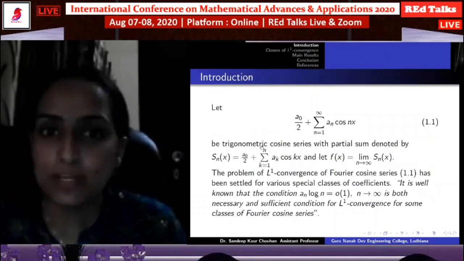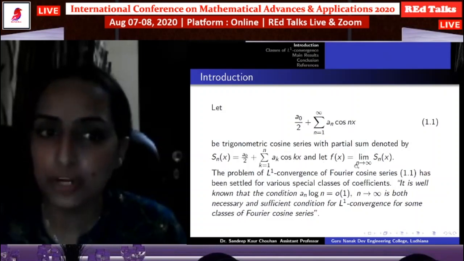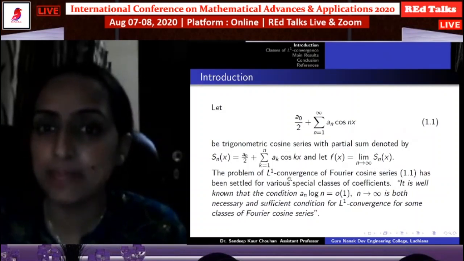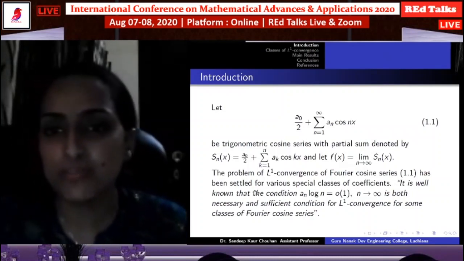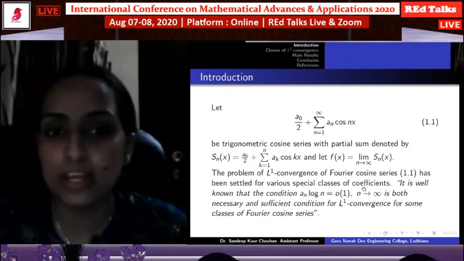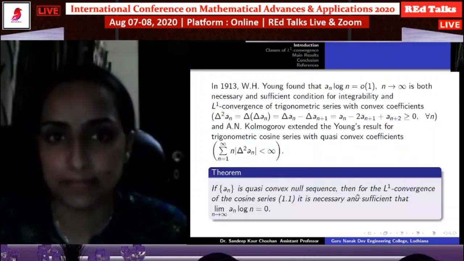Let a naught by 2 plus summation n goes from 1 to infinity an cos nx be the trigonometric cosine series with partial sum denoted by Sn x, and let f of x be the limit as n approaches infinity of Sn x. The problem of L1 convergence of Fourier cosine series 1.1 has been studied by various authors for various special classes of coefficients.